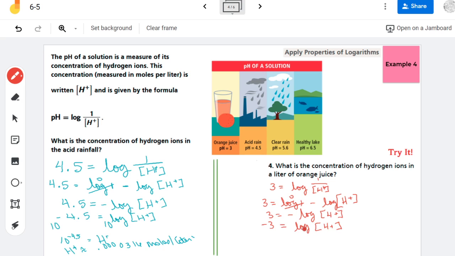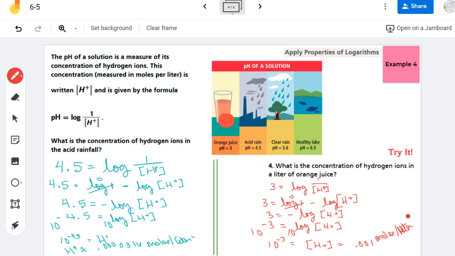And then to get rid of my logarithm, I'm raising both sides of the equation to be exponents for base 10. So I have that 10 to the negative third is equal to our concentration. Another way to write that, 10 to the negative third, is 0.001 moles per liter.